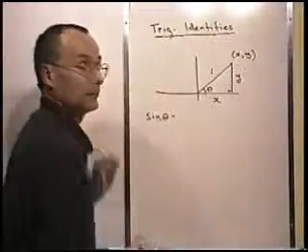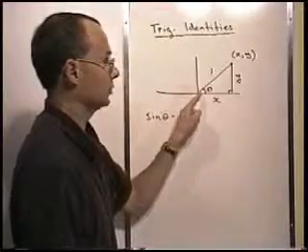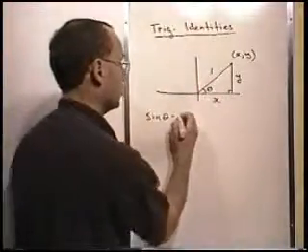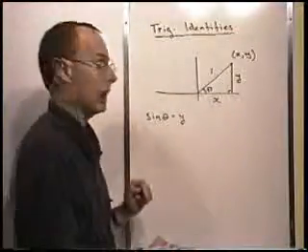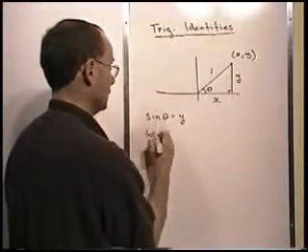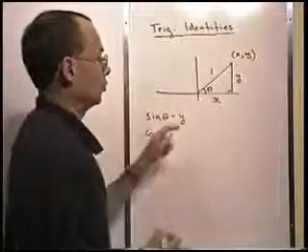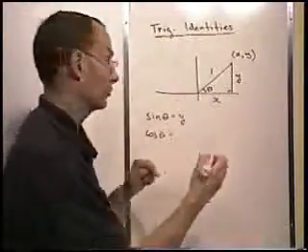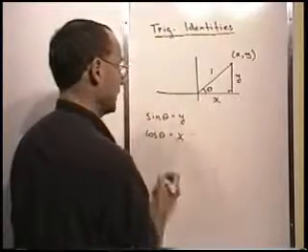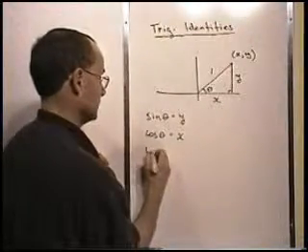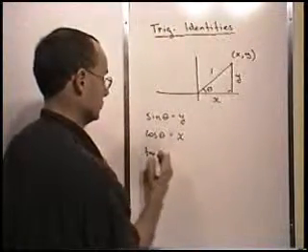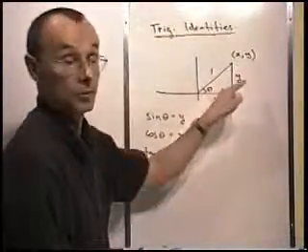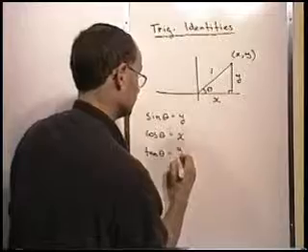Sine theta, according to our triangle, would be opposite over hypotenuse, so that would be y over 1, or just y. Cosine of theta would be adjacent over hypotenuse, or x over 1, which is just x. And tangent of theta would equal y over x, opposite over adjacent.